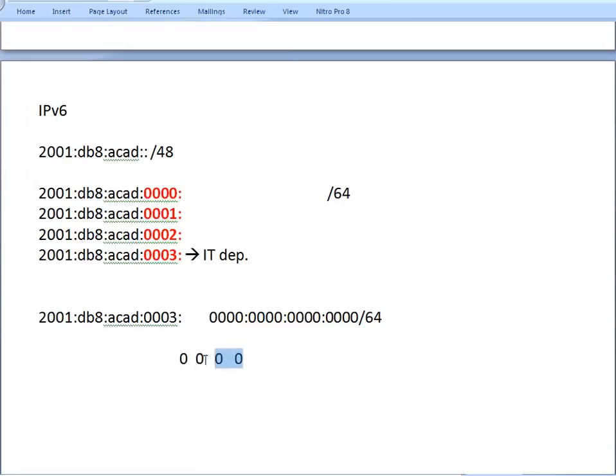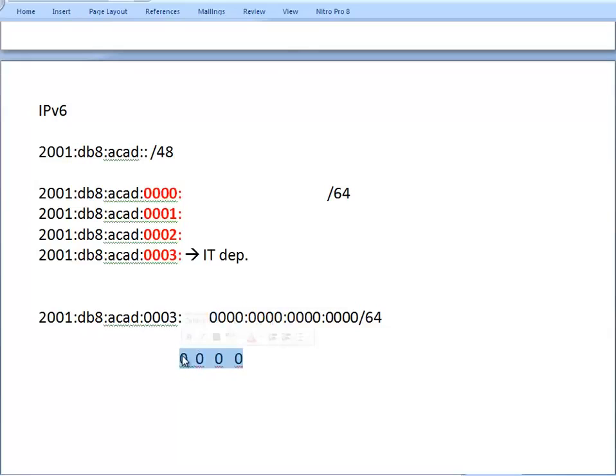So you can subnet even further on that bit there, but the subnet mask, or the prefix length, is not going to be /64. It's going to be /68, because you are subnetting on this one.